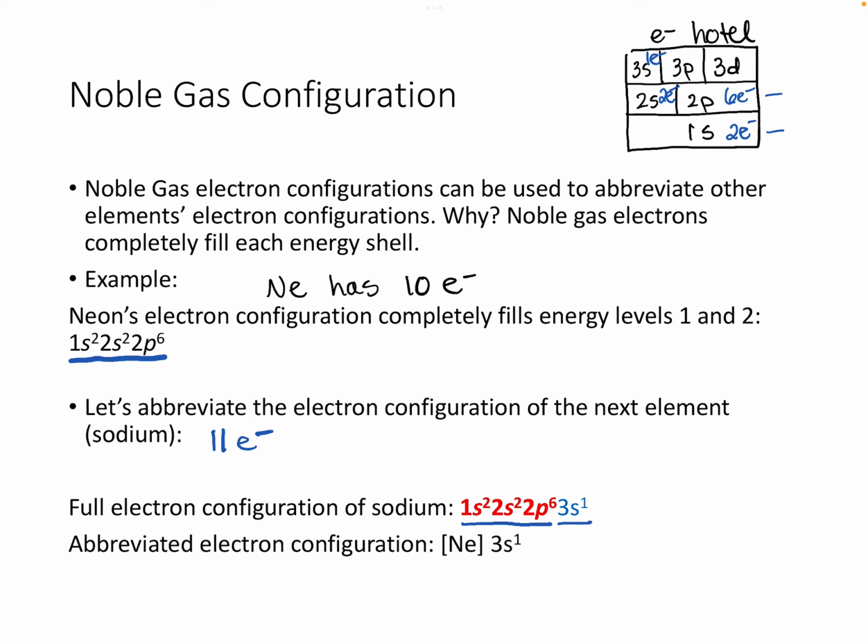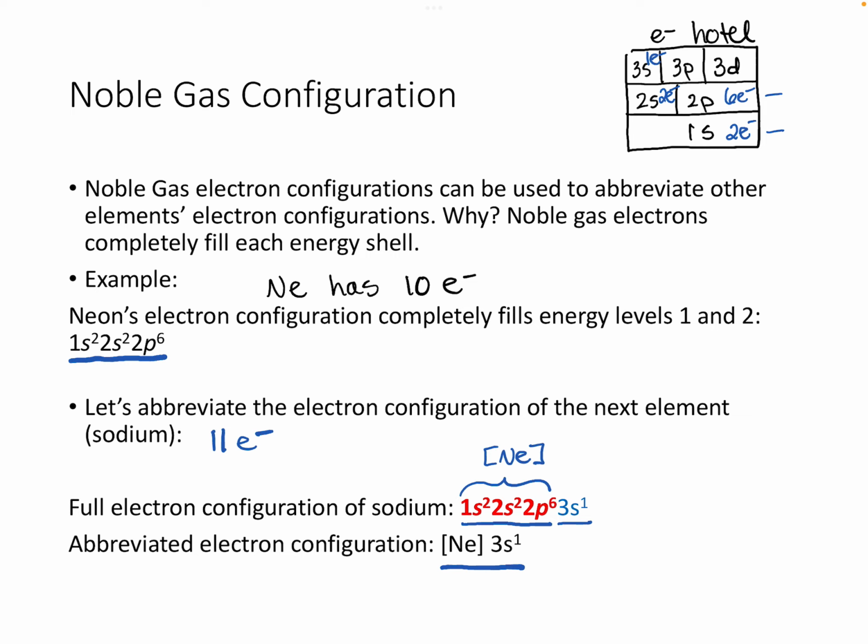So what we can do to abbreviate this is we can replace the first part of that electron configuration for sodium with neon in brackets, because neon's electron configuration is 1s2, 2s2, 2p6. So the abbreviated electron configuration would be neon in brackets followed by 3s1.